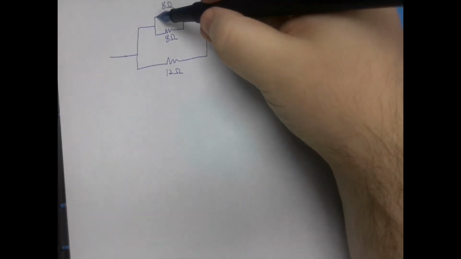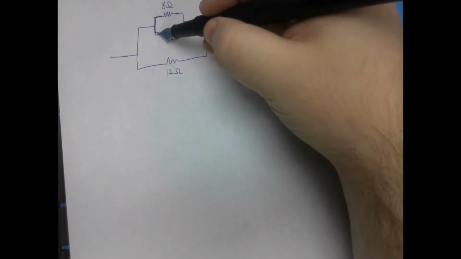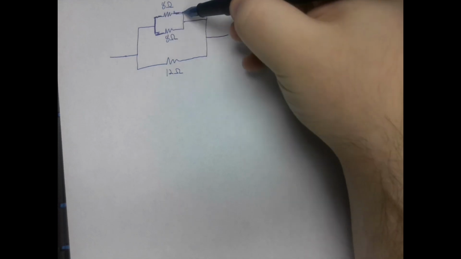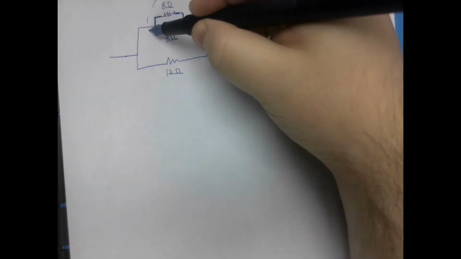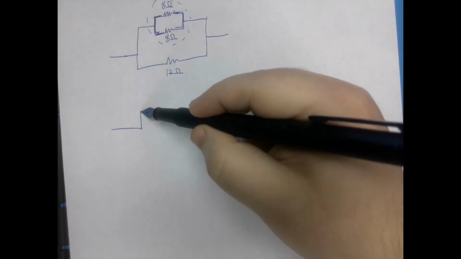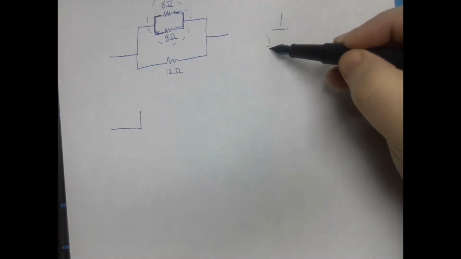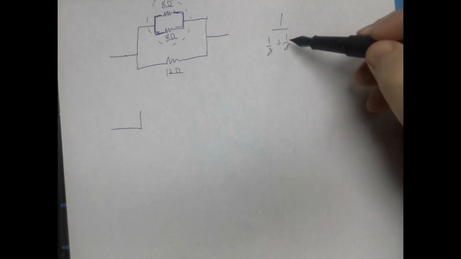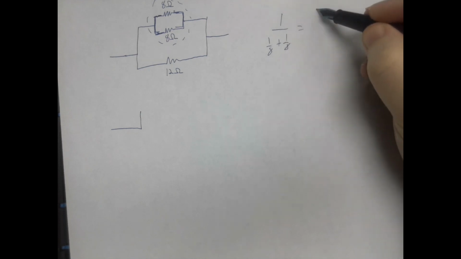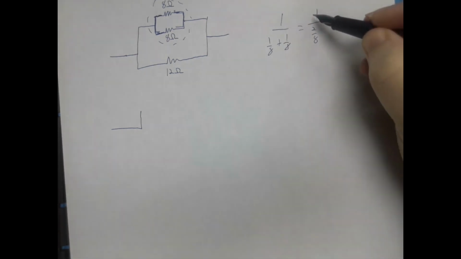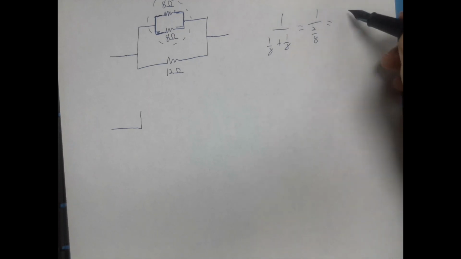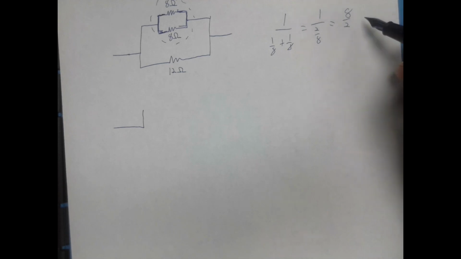This, we can see, is in parallel. We can connect the 2 wires up. So 1 over 8 plus 1/8. So on bottom, that is 2/8. To divide by a fraction is the same as multiplying by the reciprocal, 8/2 times 1, which is equal to 4.